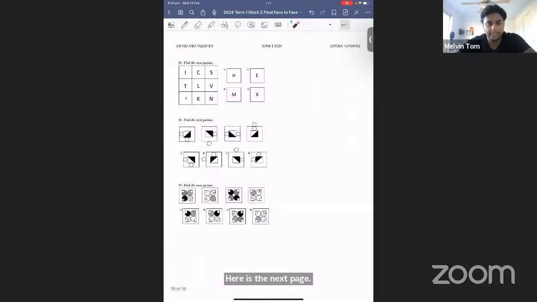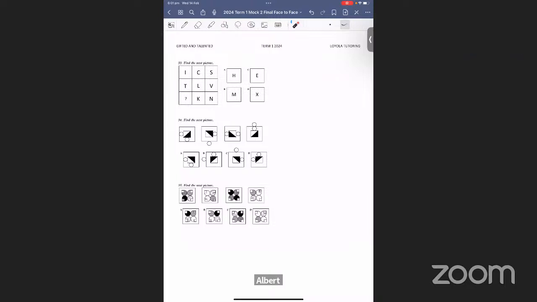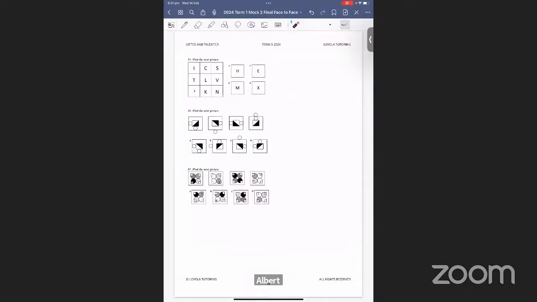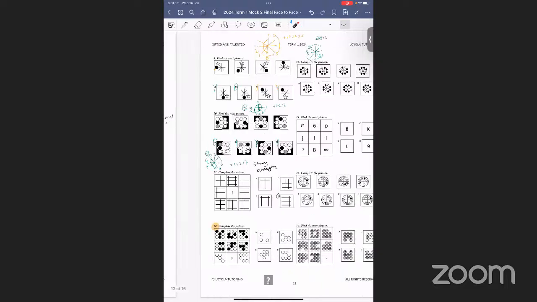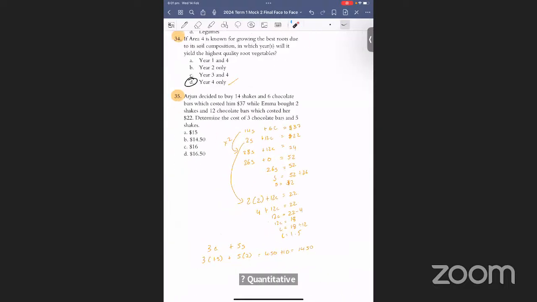And here's the final page. All good? Right. Gino, could you go back to quantitative reasoning question 35? I haven't taken the screenshot yet.